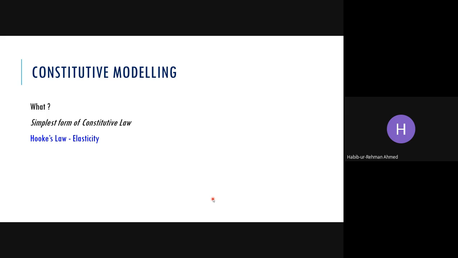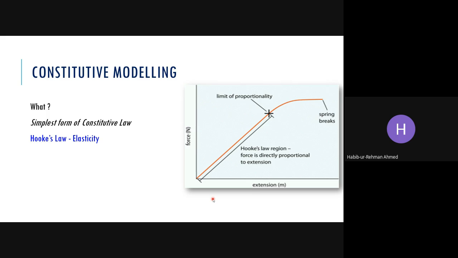So I just want you to start your understanding from this simplest form, which is Hooke's law. And Hooke's law is nothing else but says that strain is directly proportional to stress, and there is a material constant which is E. It's called elastic modulus. So there is a direct relationship between strain and stress.